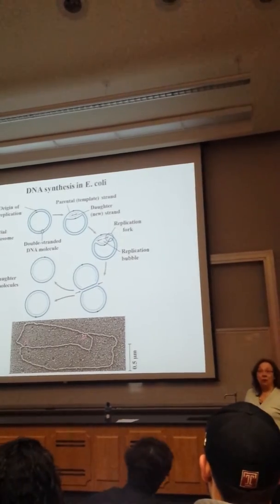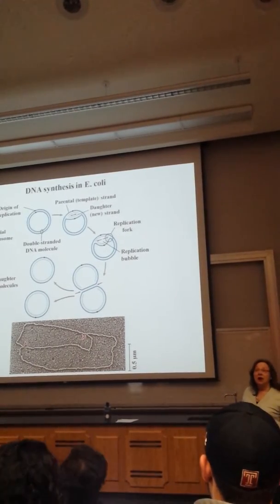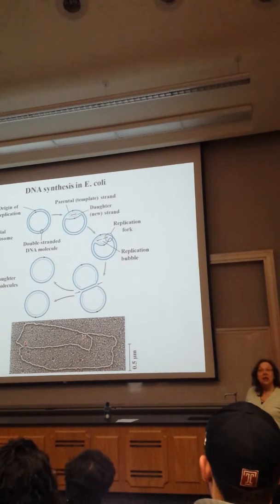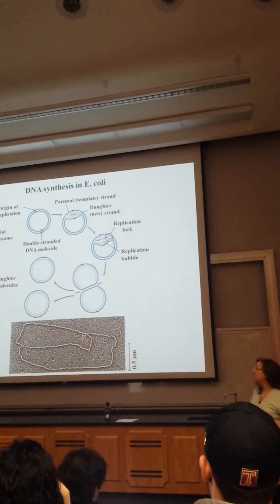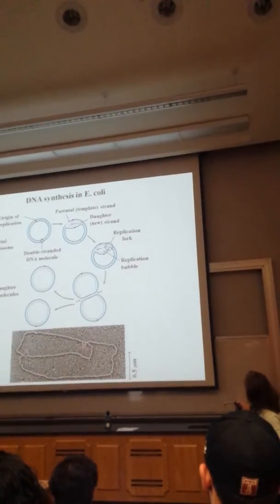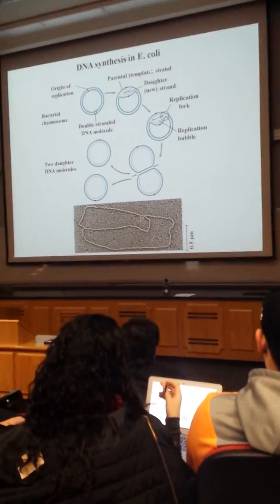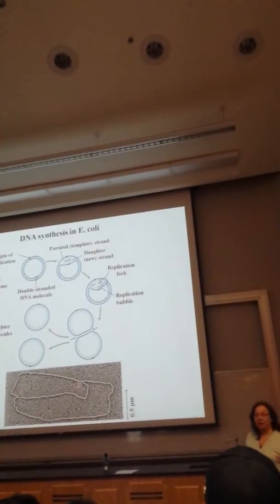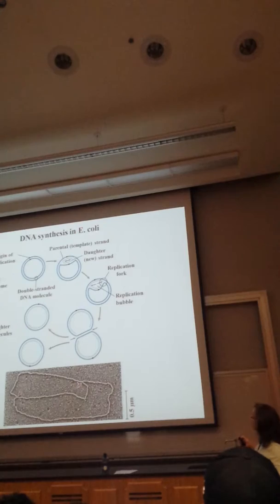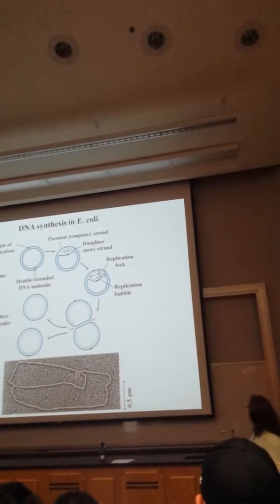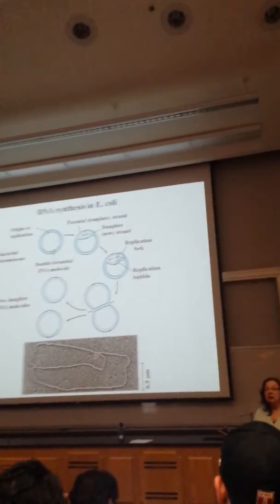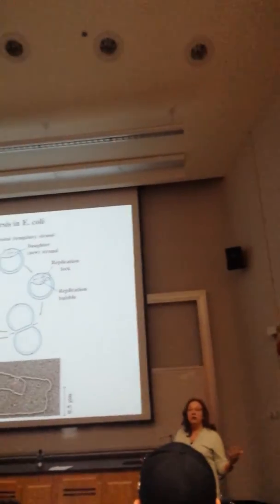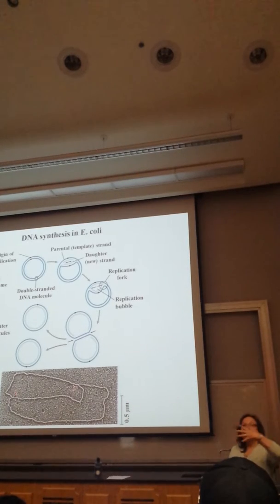Most of what we know about DNA synthesis and the components of the replication process are based on studies in E. coli. Studying DNA replication in mammalian cells is much more complex because we have more variations on DNA polymerase.